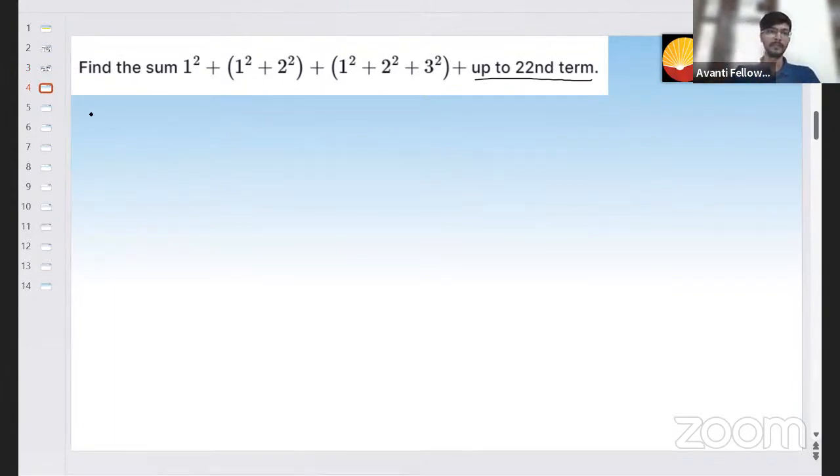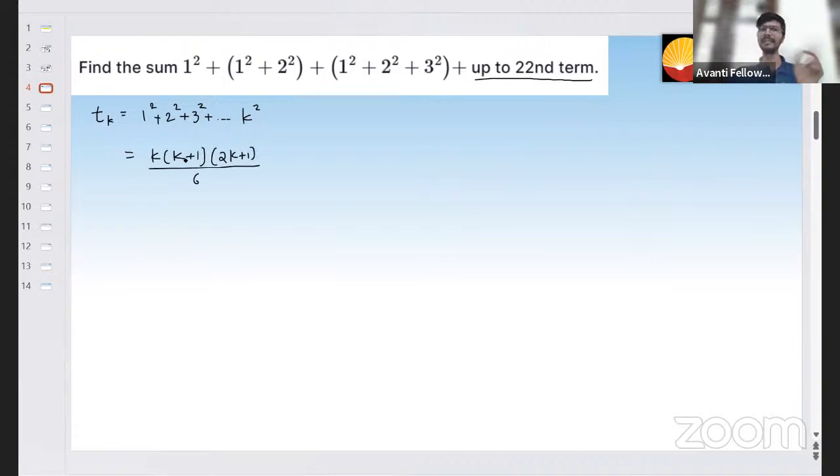Here you will see the nth term or kth term, general term basically, will be equal to 1 square plus 2 square plus 3 square plus up to k square. So what will be the kth term? It is k into (k plus 1) into (2k plus 1) upon 6.